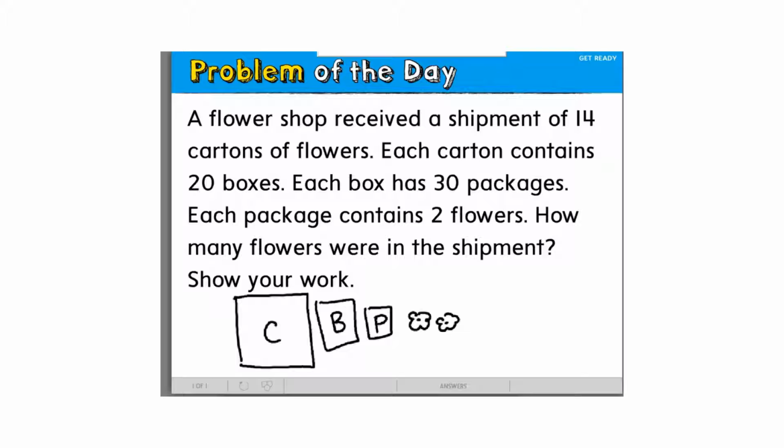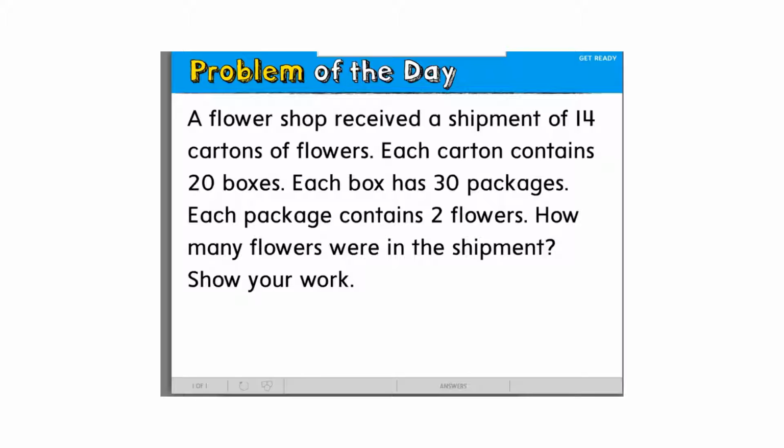All right, so Catherine, see if you can explain to us what you did. I'm going to try to write what you say. Okay, so I did the 14 cartons times 20, and then, wait, 14 times 20.